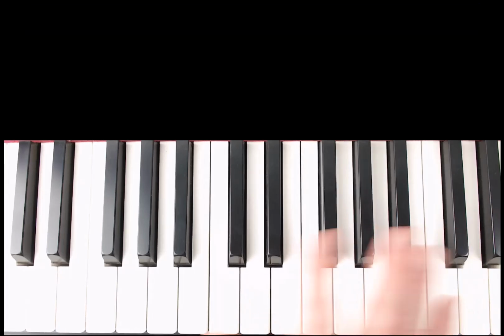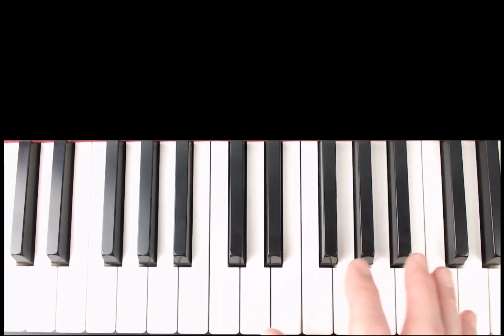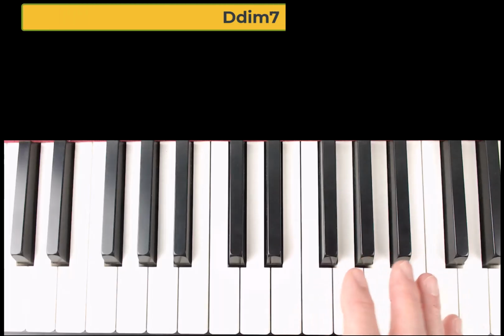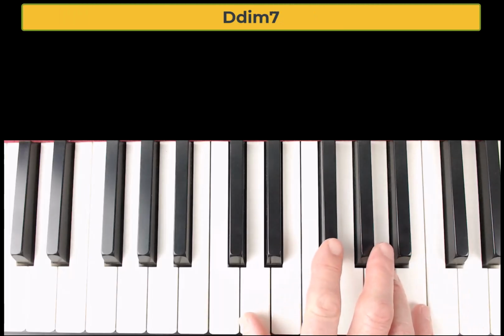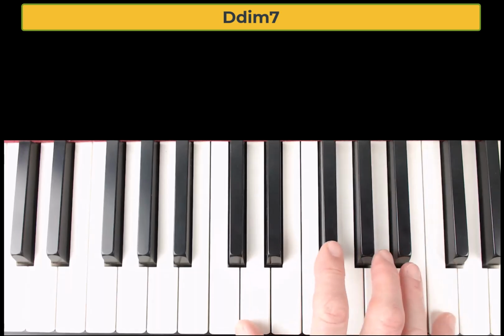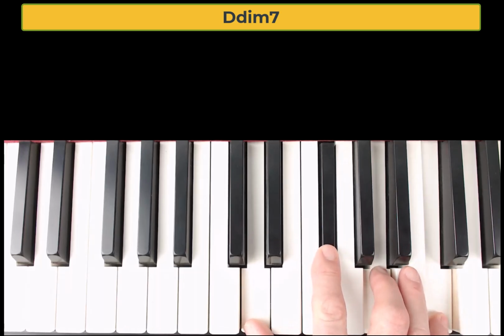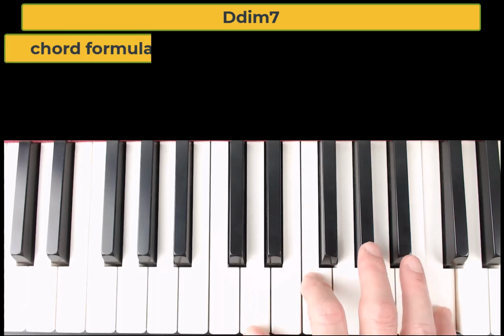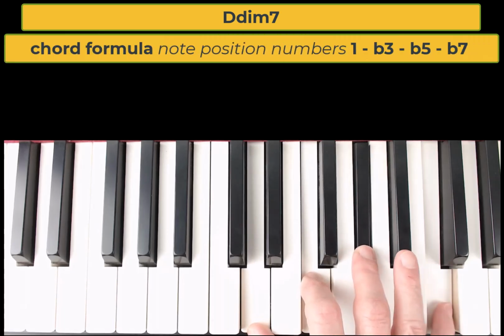Now let's have a different chord name, but we're going to end up with the same notes. So let's take a D diminished 7th. Let's start with the D major, and then if we add the 7th note, it's here. But now it's a D diminished 7th. To make a D diminished chord, I've got to have the flat 3 note and the flat 5 note along with the flat 7 note and then the original note here.